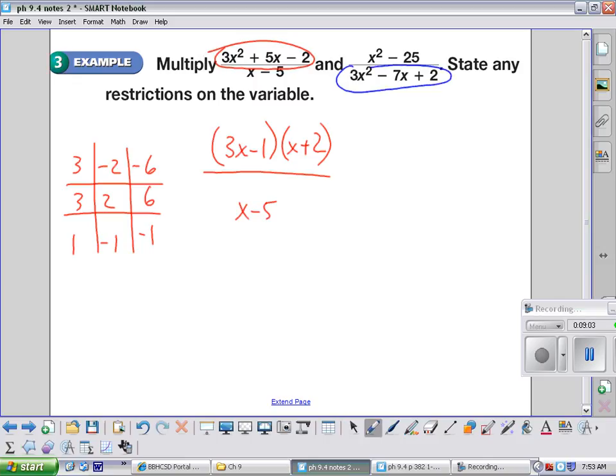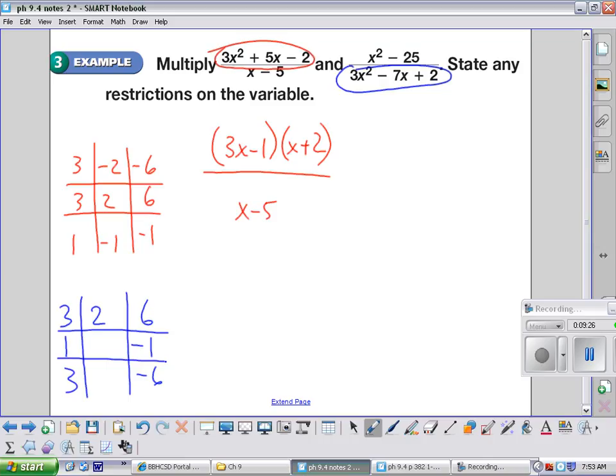This guy here. Okay, so I'm going to use the same factoring method. I'll go ahead and do that down here in the bottom. And I get 3 and positive 2 this time. Still get to 6. Things that multiply to 6 and add to get to negative 7. Okay, so this 3 has to go here.